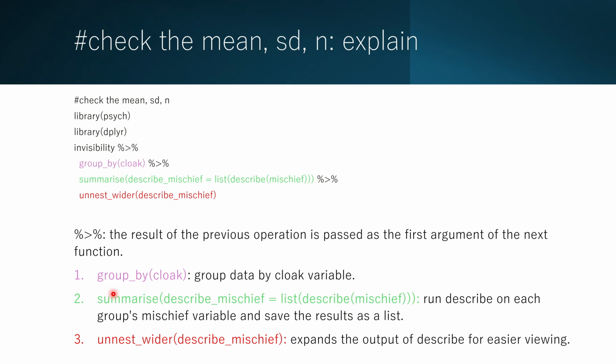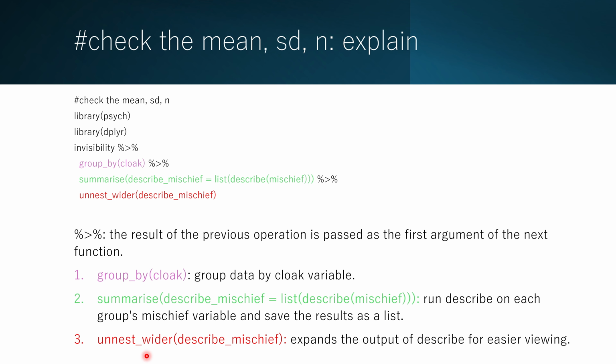Okay, and the next step. First, the group_by command groups our dataset by the clock variable, clock or no clock. Second, summarize runs the describe command on each of those groups.